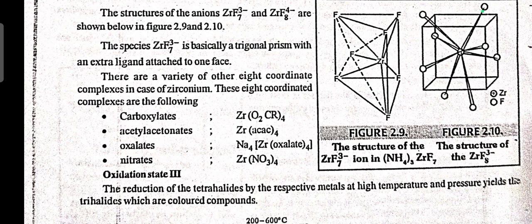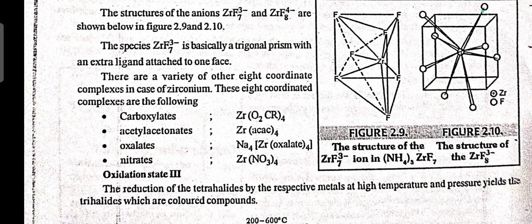There are a variety of other 8-coordinate complexes in the case of zirconium. These include carboxylate, ZrO2CR4, acetylacetonate Zr(acac)4, oxalate Na4[Zr(ox)4], and nitrate Zr(NO3)4.